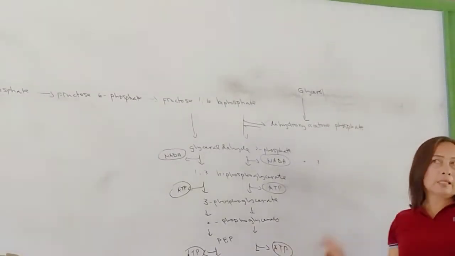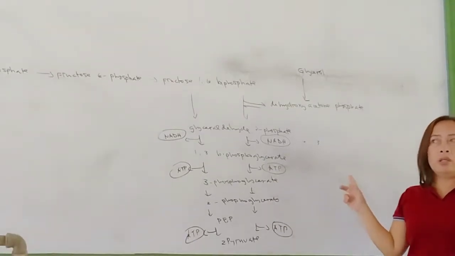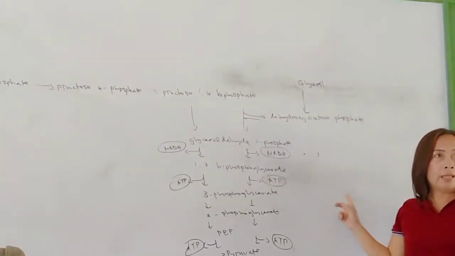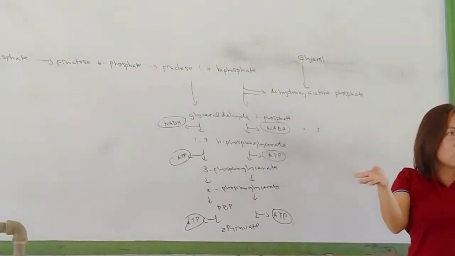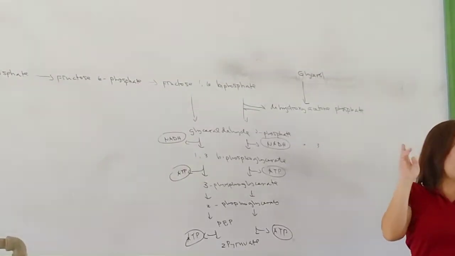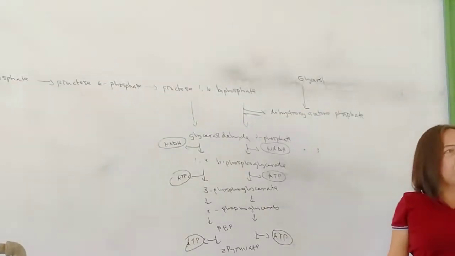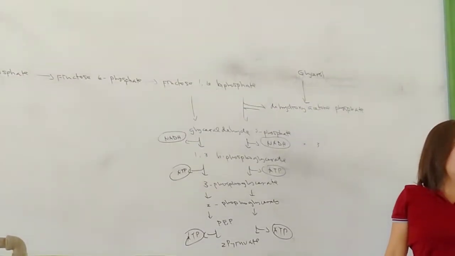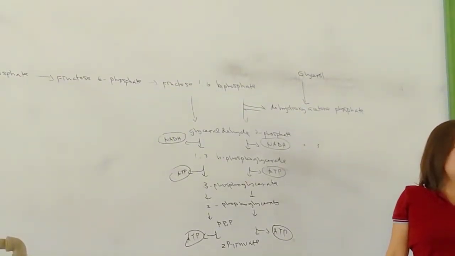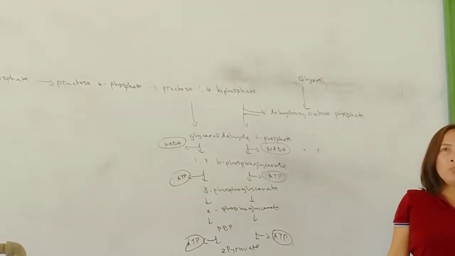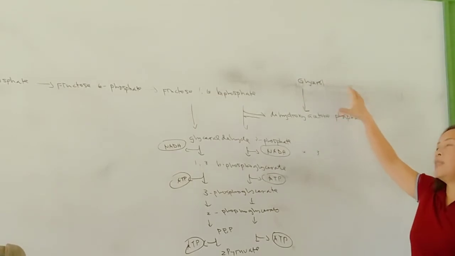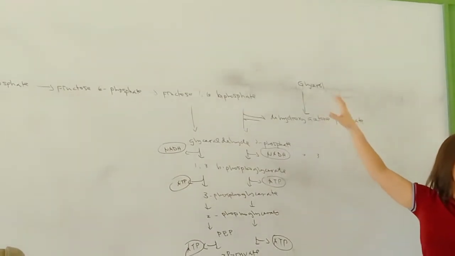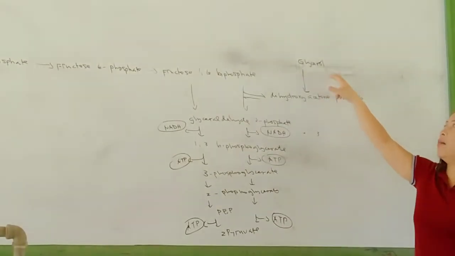So, one cycle, another additional 1 ATP, and then four NADH, then one FADH2. Still a lot. Are you with me? So that is the energy yielded out of the breakdown of glycerol.